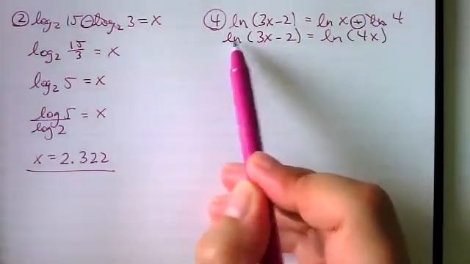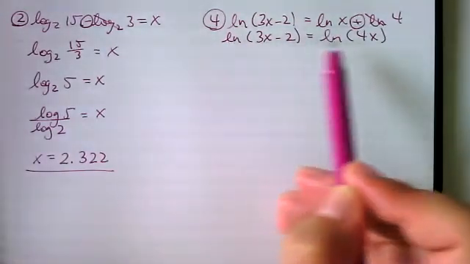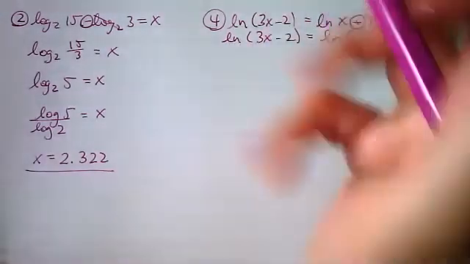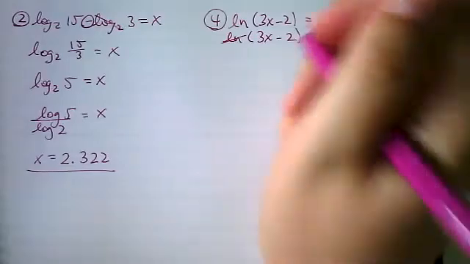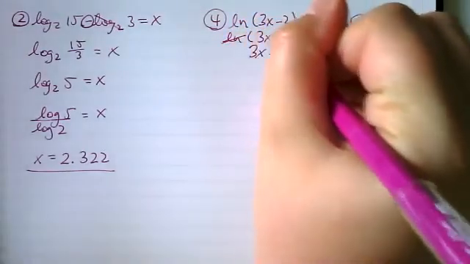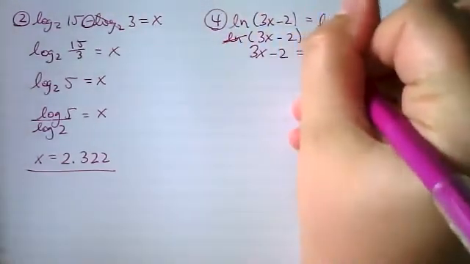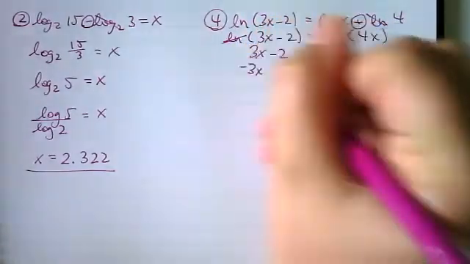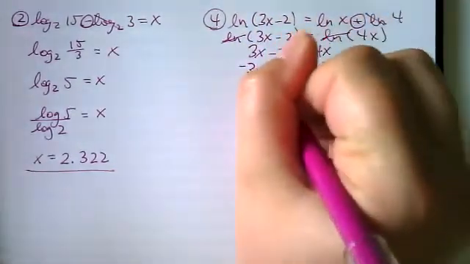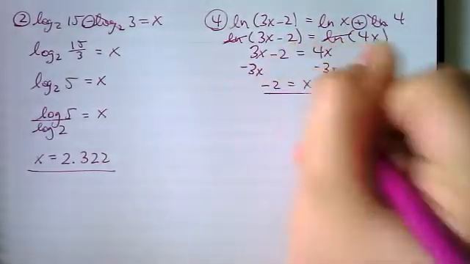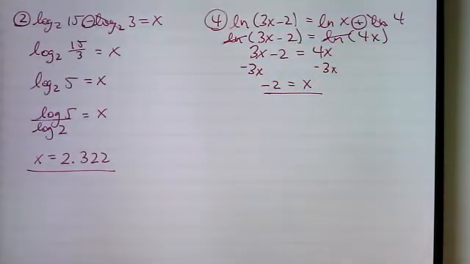And now there's a natural log on both sides. The base of these are both e, so they're the same, and I can get rid of them. I set the parentheses equal to each other. 3x minus 2 equals 4x, and now I'm just solving. I'm subtracting 3x from both sides, and I get negative 2 equals x, and there's my answer. And if you want to rewrite it the other way, x equals negative 2, that's totally fine too.